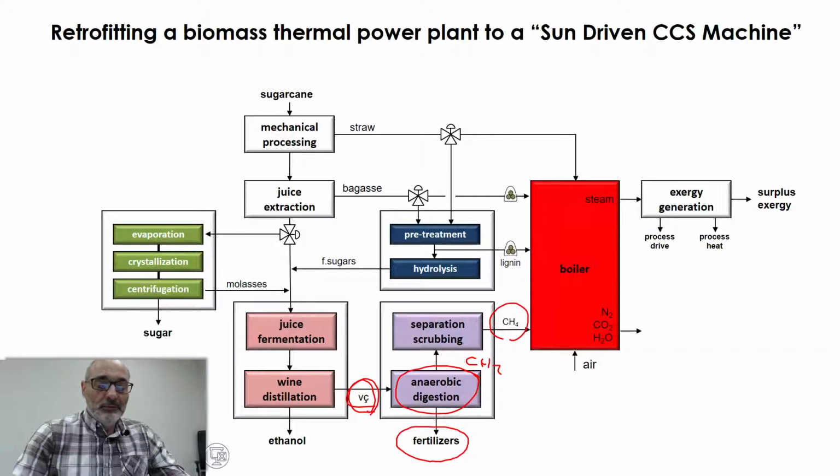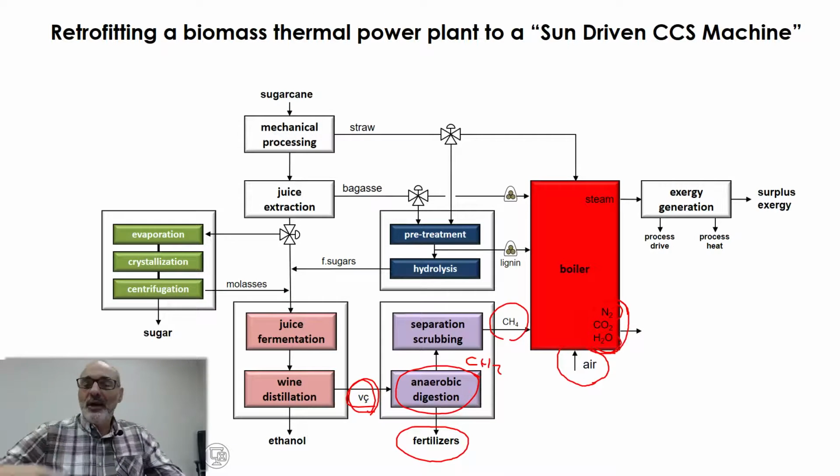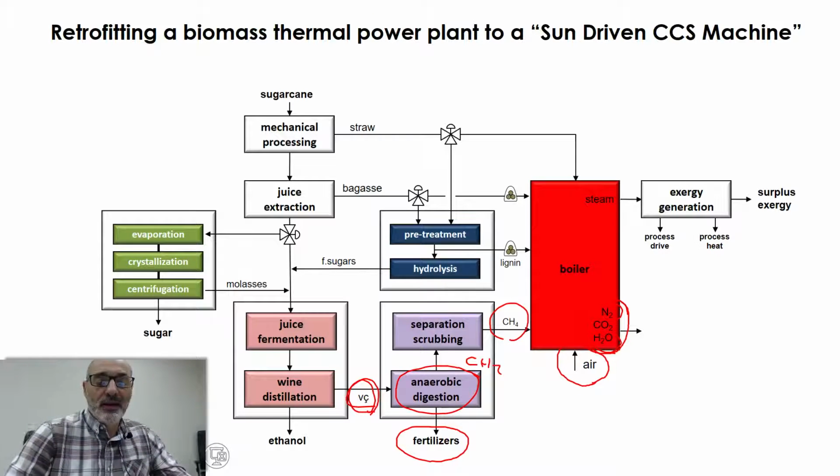Well, now we have to change the boiler. The problem here is that our boiler is using air to burn our fuels, in the plural now. And it's emitting, roughly speaking, N2, CO2, and H2O. H2O is very easy to get rid of, but N2 is very complicated because you have very big amounts of N2.